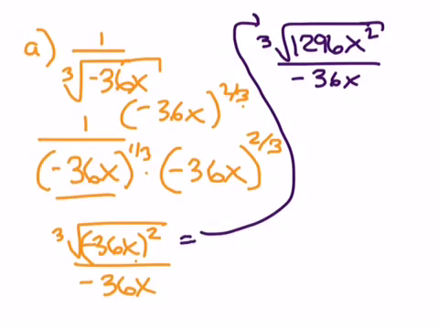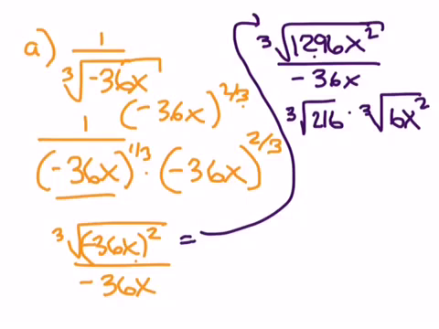So now I've got to see if I can simplify the cube root of 1296. And I can. I'm going to split the 1296 into the cube root of 216 and then leave the rest under there. So 216 times 6 gives me 1296, and then I'm just going to attach the x squared to that 6, over negative 36x, and the cube root of 216 is 6.